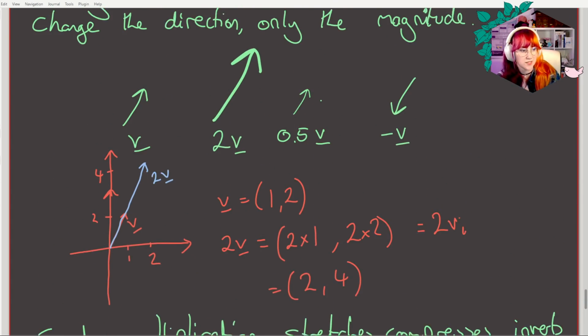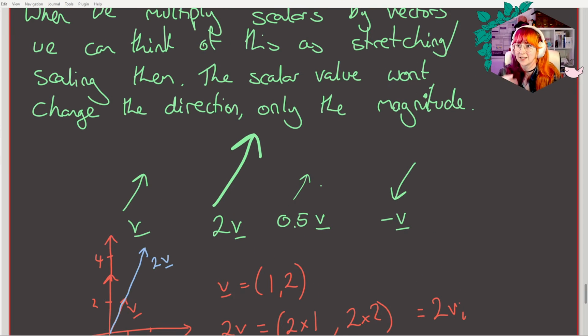I gave two examples with positive scalars, and then one with just minus v, but we could do minus 2v, which would take that stretch and rotate it round. Or we could take something smaller than 1 and compress and rotate.